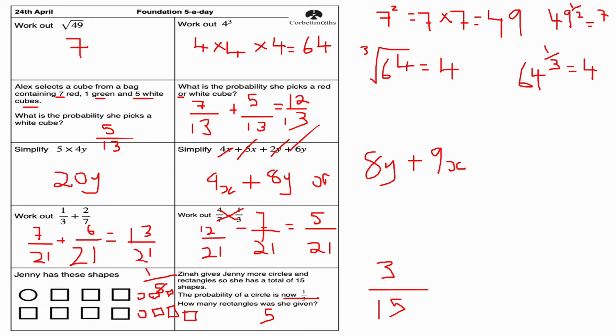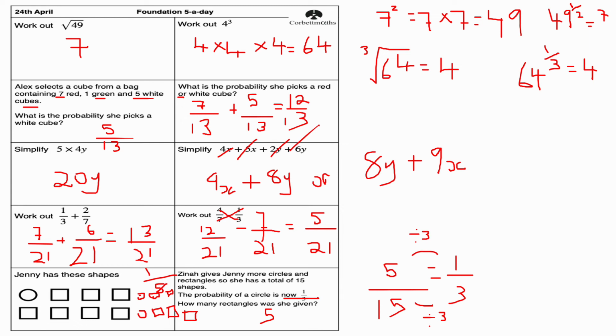Counting the shapes: 1, 2, 3, 4, that's a circle. 5, 6, 7, 8, 9, 10, 11, 12, 14, 15. 1/3 is the same as 3/15. No, sorry, I apologise. 1/3 equals 5/15. I think I made a mistake.